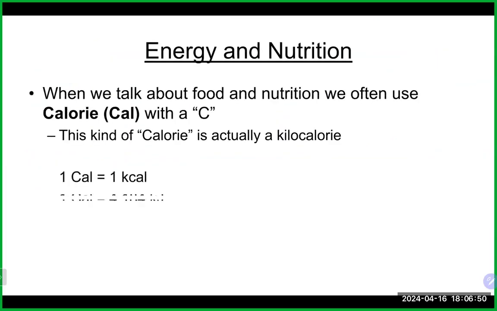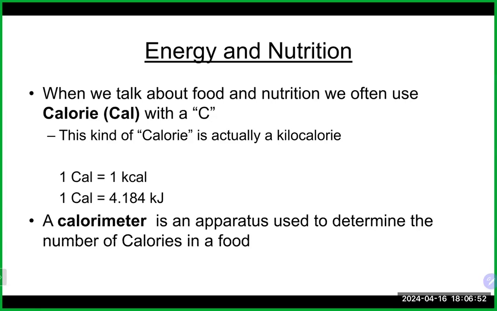We might have talked a little bit about last time as well, but a reminder that there's also another type of calorie that we sometimes come across in terms of energy, and it's more related to nutrition, sometimes referred to as a nutritional calorie, and that has a capital C. One nutritional calorie is equal to 1,000 of the little calories, and that is also the same thing as a kilocalorie.